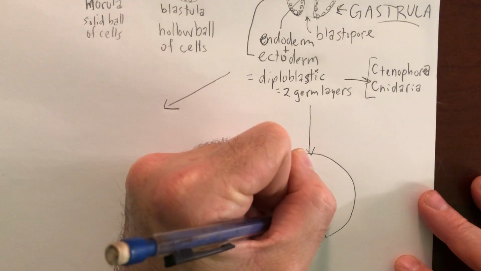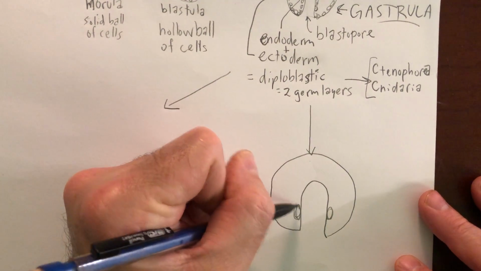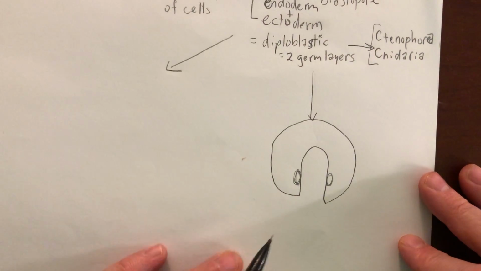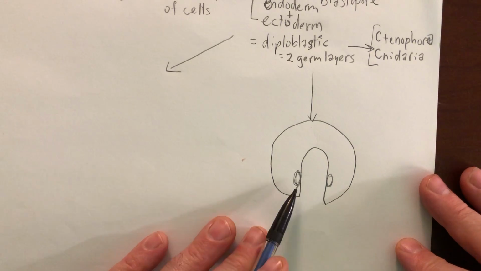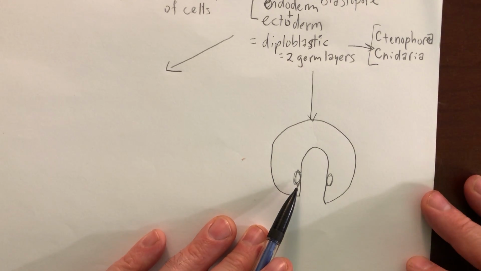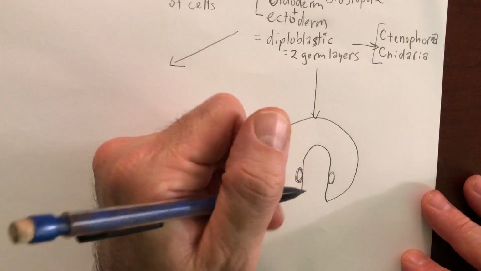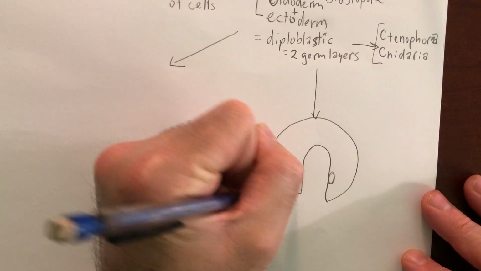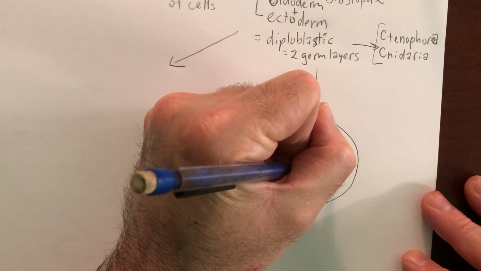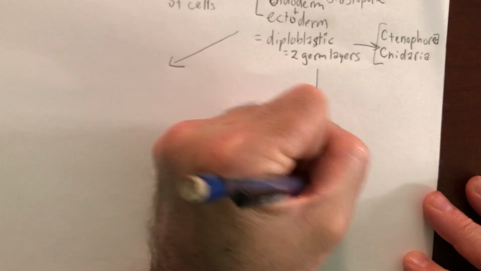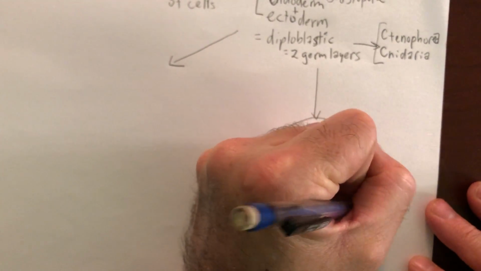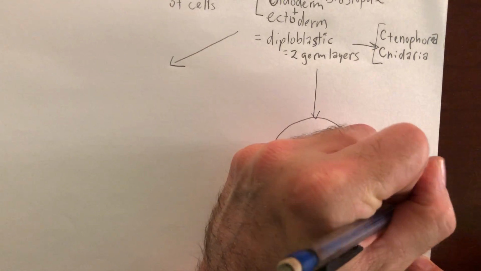Next thing that happens is that some of the cells inside the blastocoel, but attached to the endoderm, start to form a new layer. And this new layer is not endoderm, it's not ectoderm. This, my friends, is mesoderm.